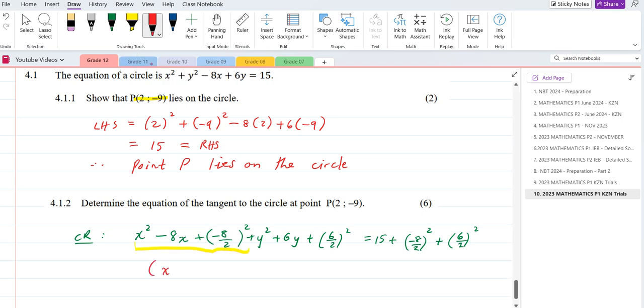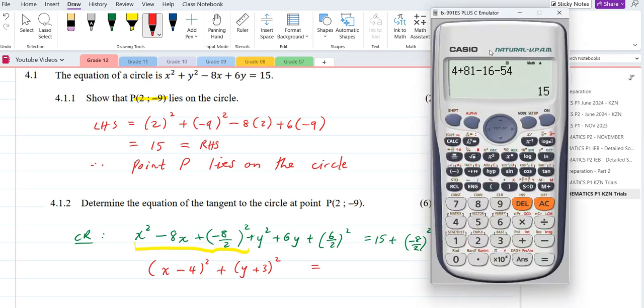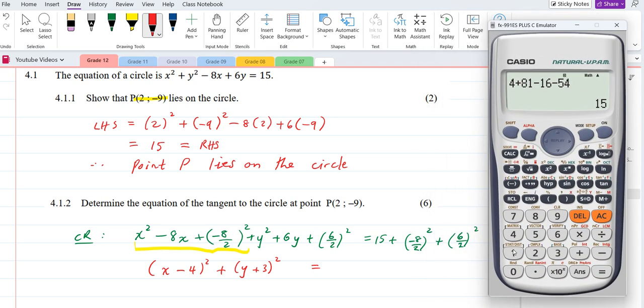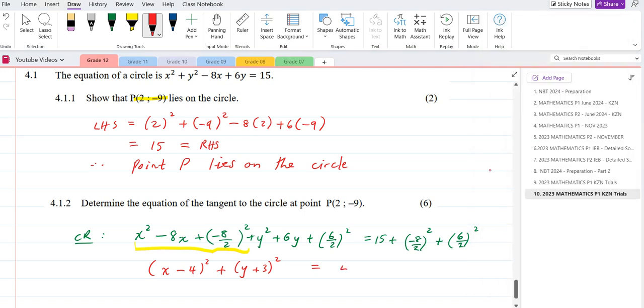So that's x minus 8 divided by 2 is minus 4, plus y plus 6 divided by 2 is 3, right, is equal to 15 plus, let's work out all those values on that side. So we know we have 15 plus, remember this is minus 8 over 2, minus 4 all squared is 16, plus 6 divided by 2 is 3, 3 squared is 9. So we have 40, right?